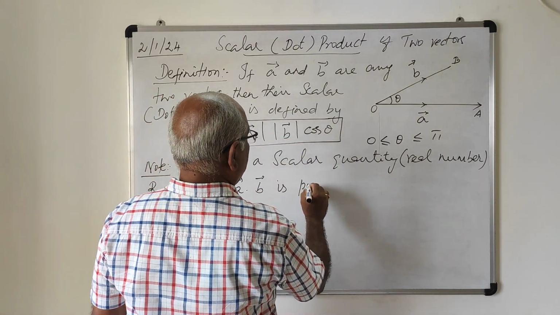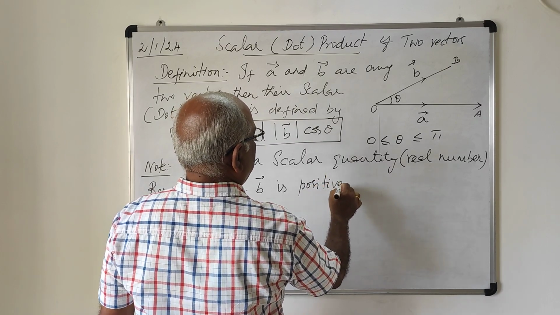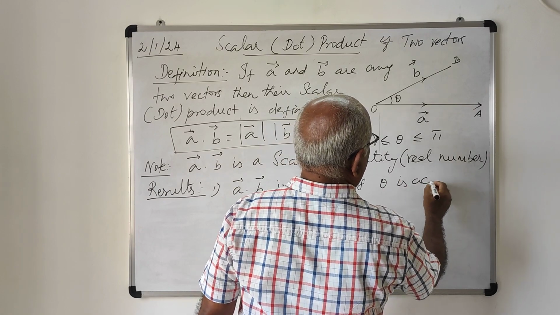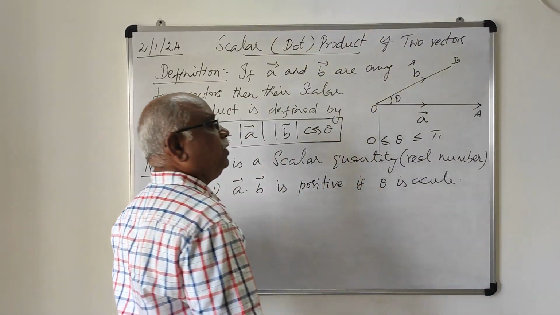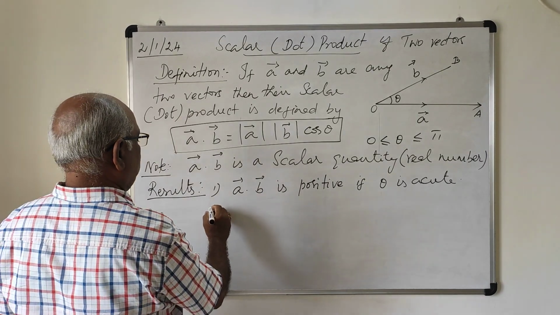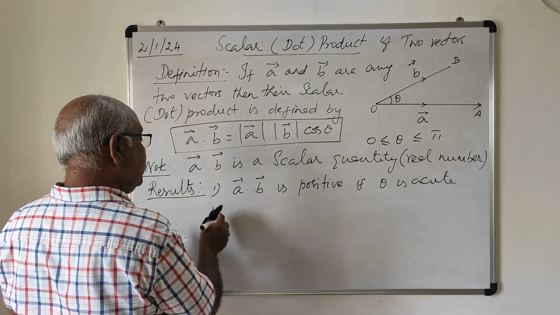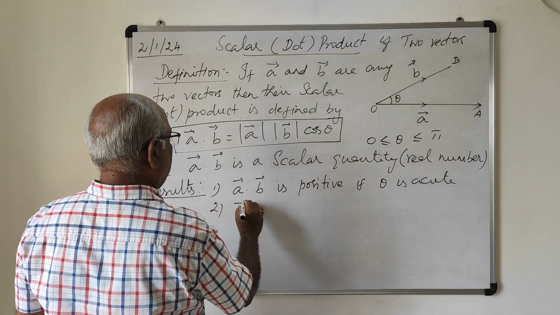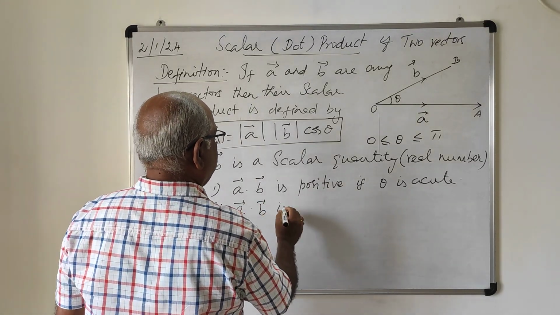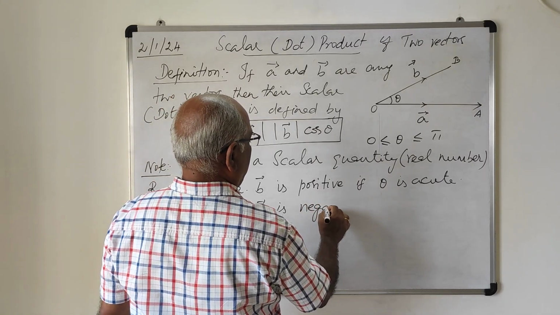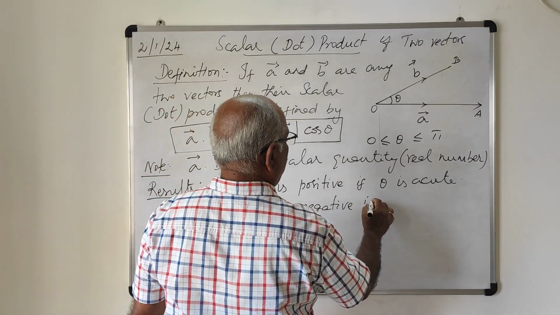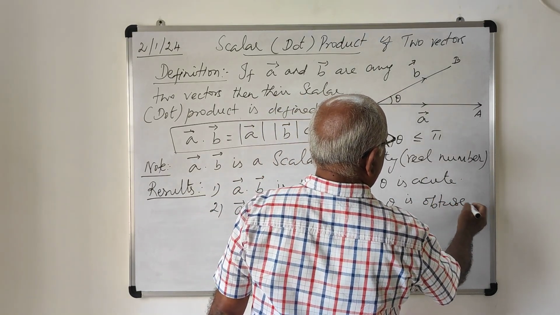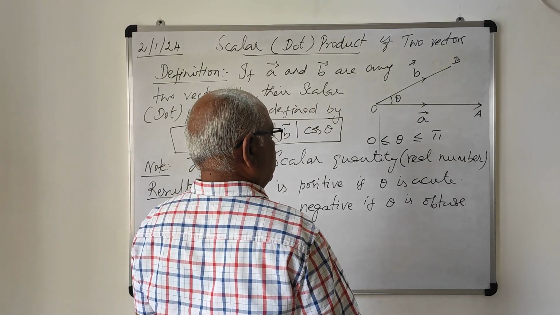A dot B is positive if the angle theta is acute. If theta is acute, A dot B is positive. A dot B is negative if theta is obtuse.